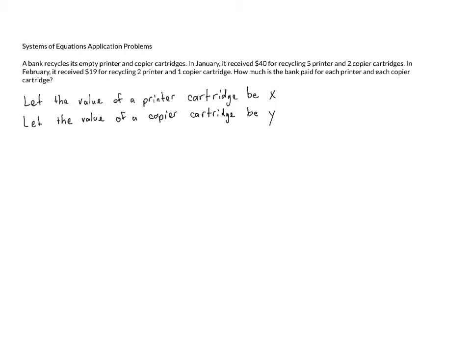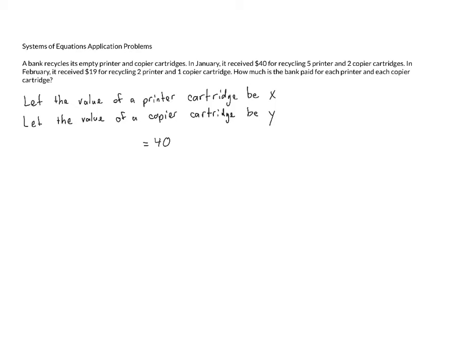We're given information about January and February, so let's look at those one at a time. In January, the bank received $40 for recycling 5 printer and 2 copier cartridges. So we know that the total they got was $40. Now, how did they get that $40? Well, they recycled 5 printer cartridges and 2 copier cartridges.